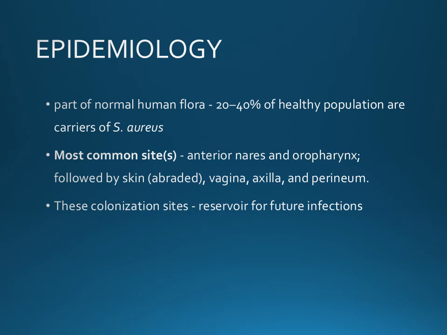It can be present in the anterior nares, oropharynx. So these are the sites where you can find it as a commensal, or the skin, vagina, axilla, or perineum. These colonizing sites are reservoirs for future infections.